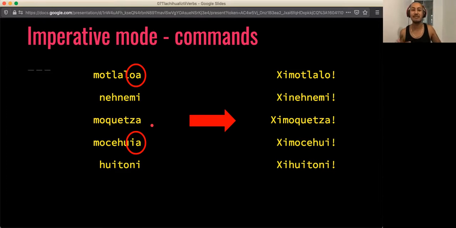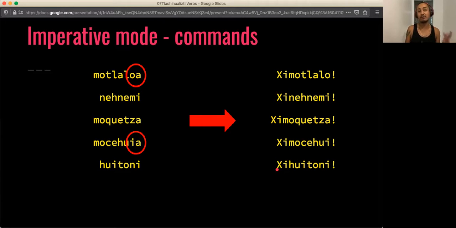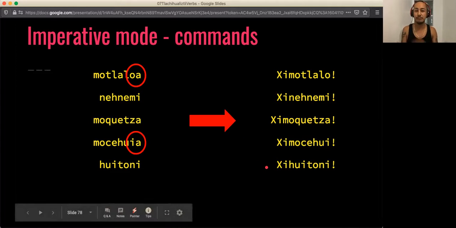But in our variety, we would just add on in front of it. So this could be shion motlalo, shion nehnemi, shion moketza, shion mosewi, shion witoni. You could put that prefix in there. It's the nicer way to do it in Chicontepec Nahuatl, but it doesn't apply to all varieties, so be aware. Okay, so is there a word for please in Nahuatl? No.